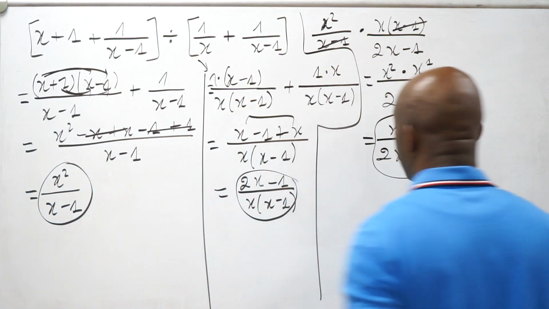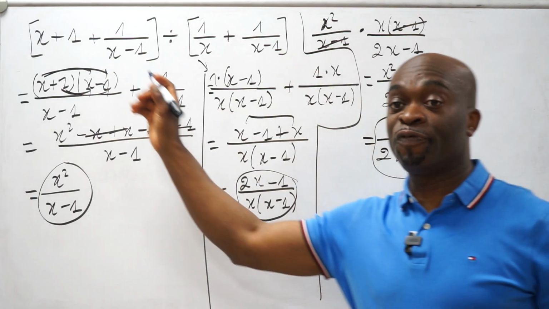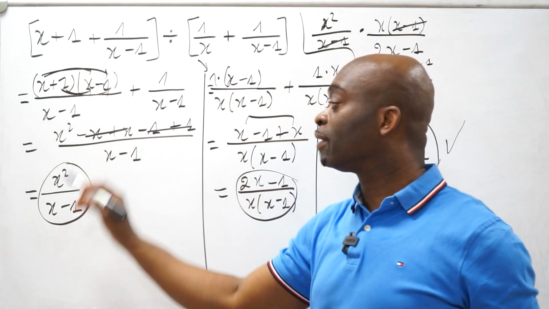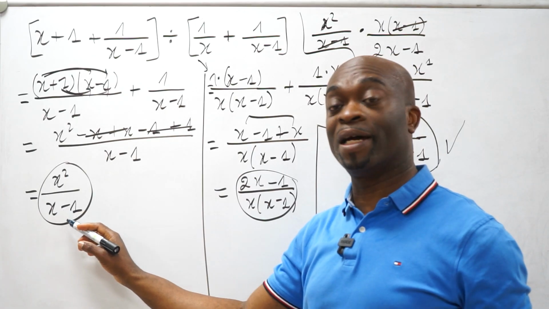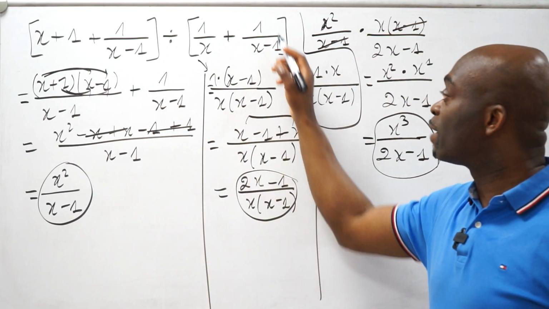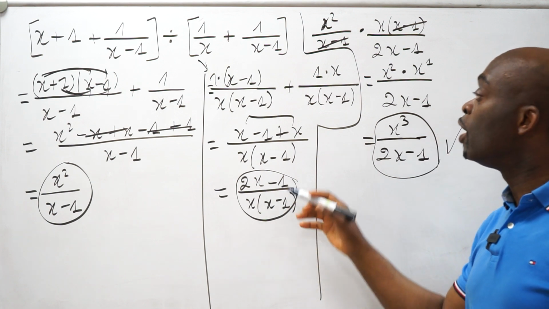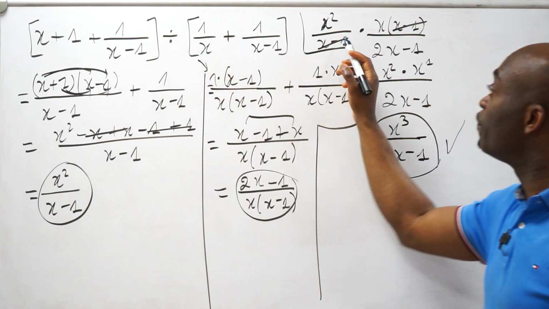So when you look at the problem, the first thing to do, the tactic, is take this one, combine it, and we get x squared divided by x - 1. We take the second one, combine it, and we have (2x - 1) over x times (x - 1). Once we have that, we can divide both of them.